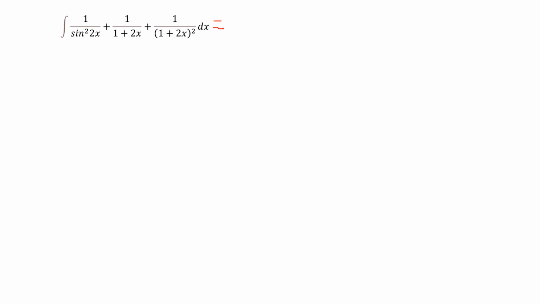Now, this is interesting. I think this would be more confusing after the next few lessons when we've got lots of other tricks up our sleeve on how to do integration. At the moment, you've only got one way that you can go with 1 over sine squared 2x, and that's to write it as cosec squared 2x.